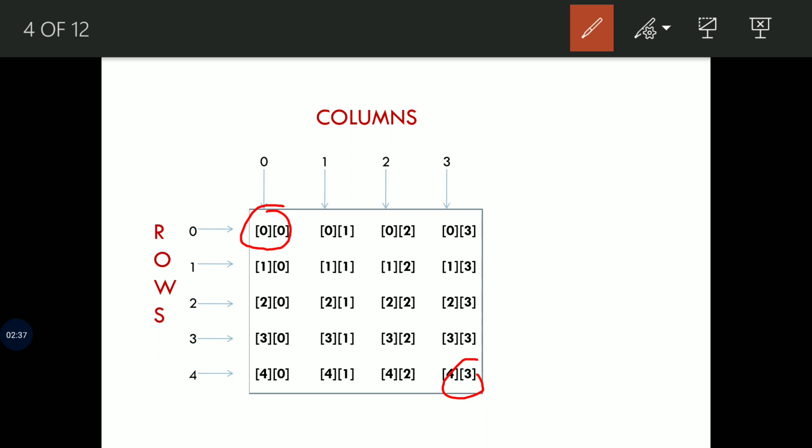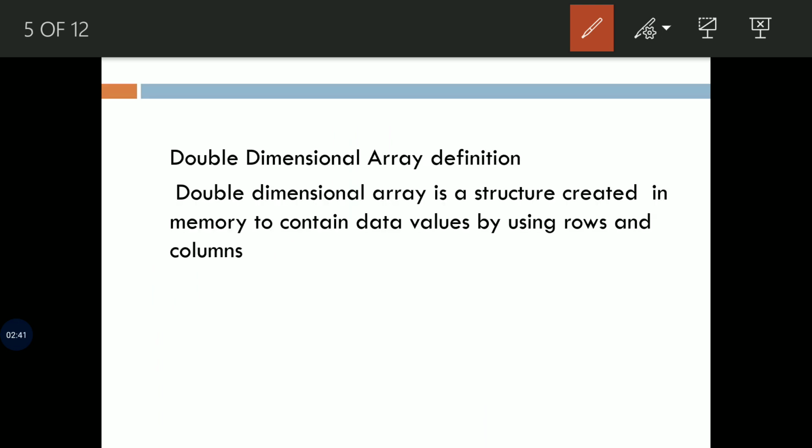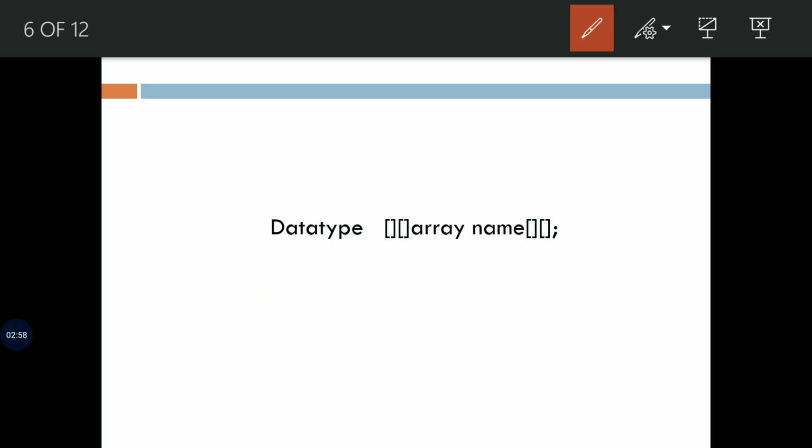Now I will give the definition of double dimensional array. What is a double dimensional array? A double dimensional array is a structure created in memory to contain data values by using rows and columns. How can we declare two-dimensional arrays in Java? A two-dimensional array contains a data type.